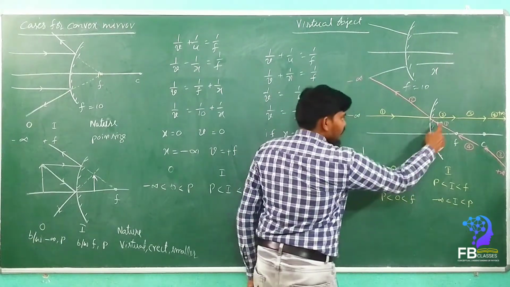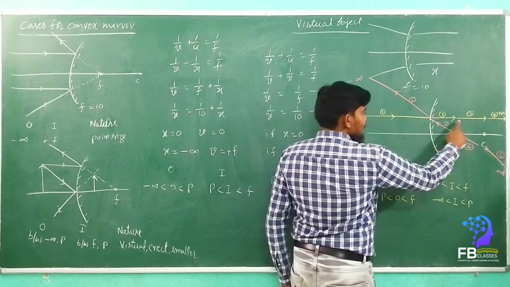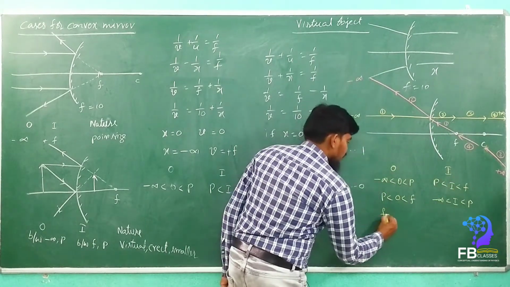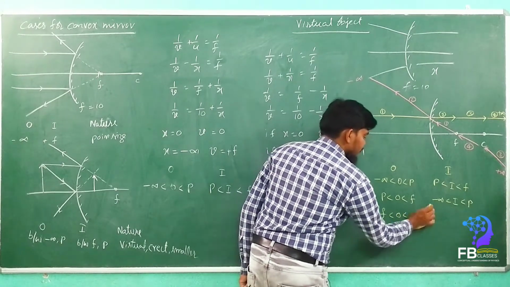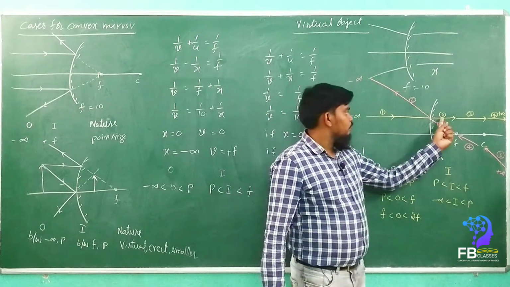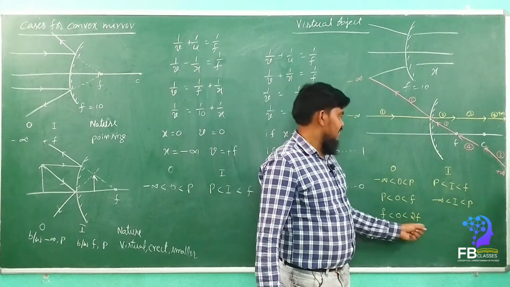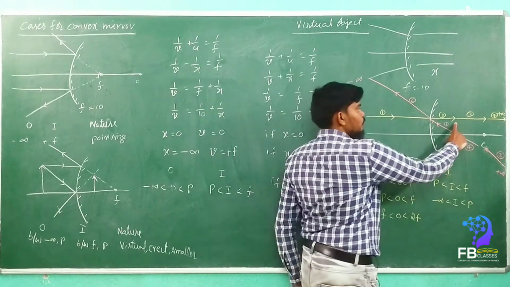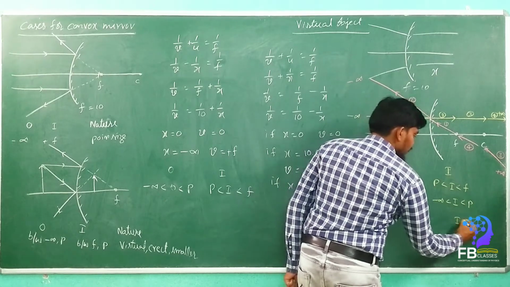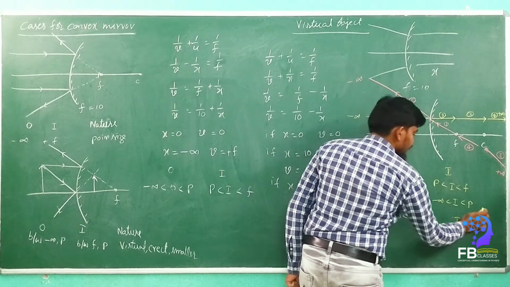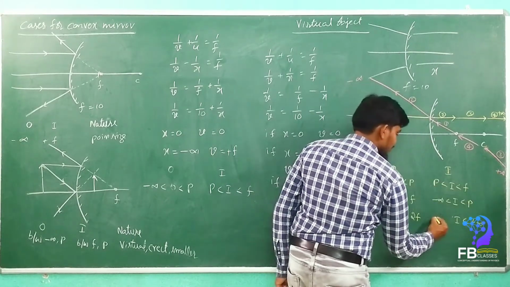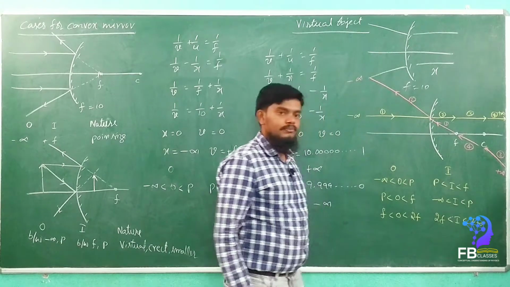In the same manner, if the object is moved from principal focus to center of curvature, that means 2F, then what will happen? The image will move from positive infinity to C, that means 2F. Got it? Are you getting my point?